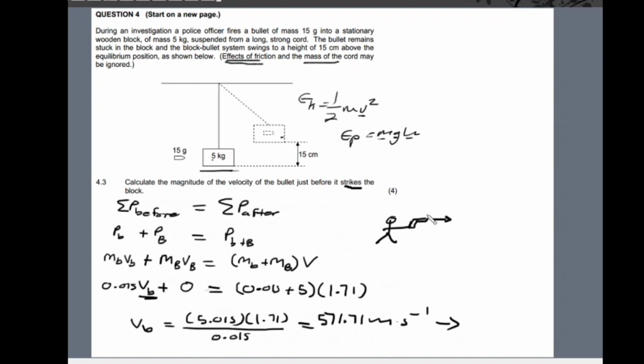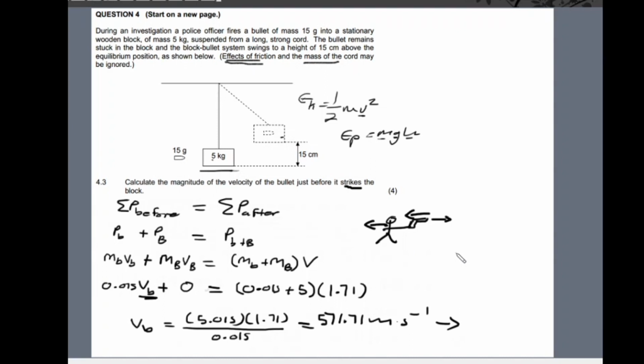Now the bullet will exert an equal force in the opposite direction to the gun, right? Now the gun will sort of move backwards. The force that is exerted on the gun will be transferred to this police officer, and therefore he will be pushed back by that force. Okay, I hope it makes sense.